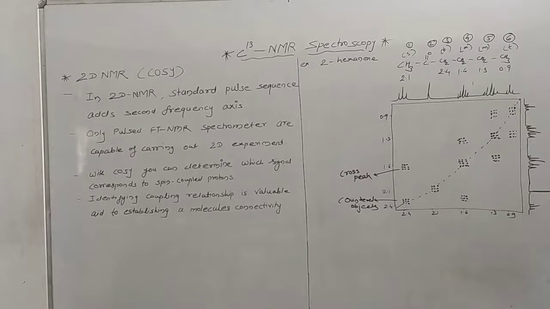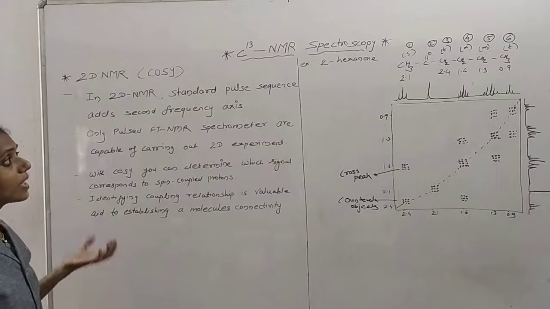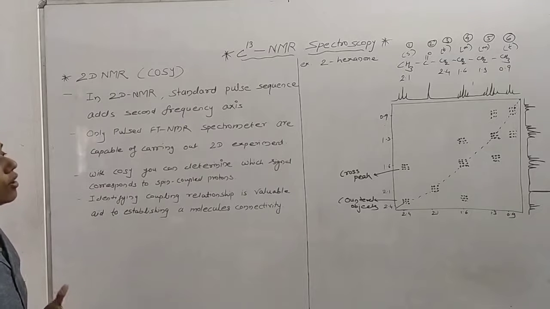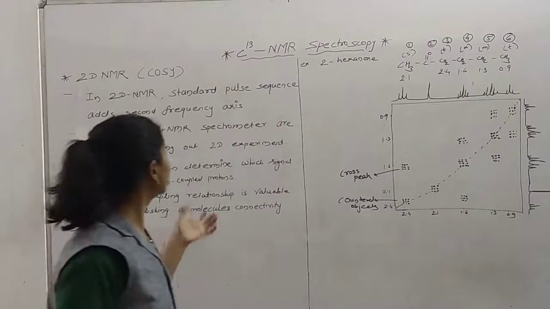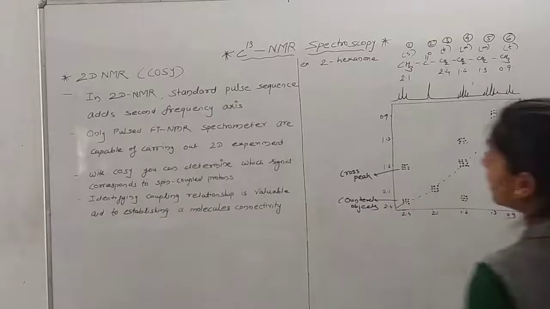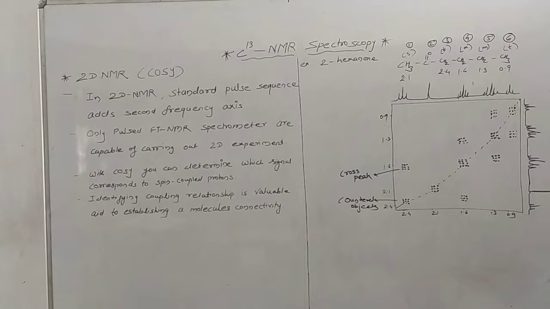In this COSY we establish the connectivity of molecules, that means a spin coupled with another spin. This spectroscopy is observed in the FT-NMR spectrometer. It is a very easy spectroscopy for interpreting the spectra and structure of the compound.